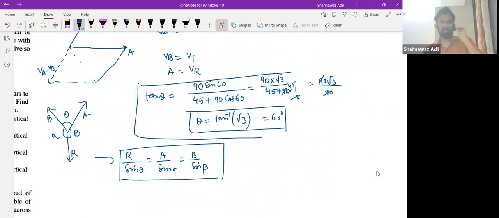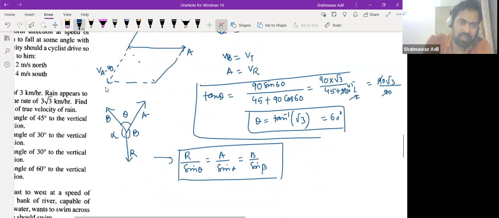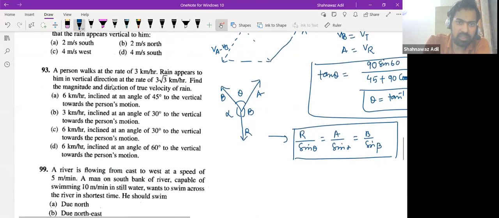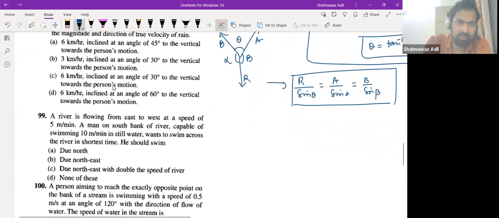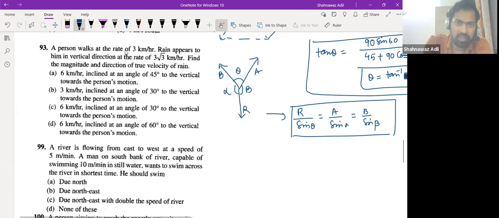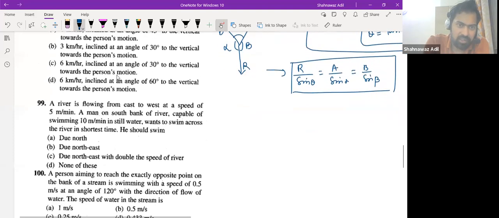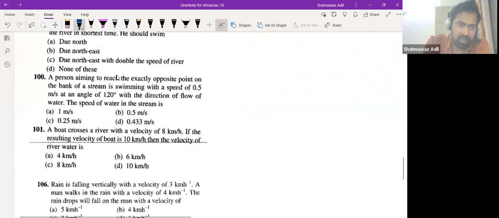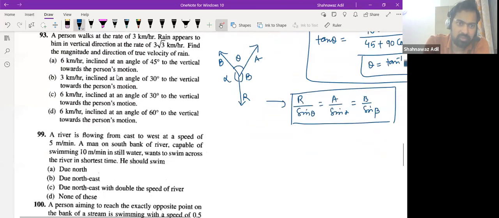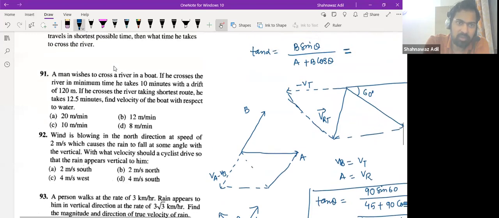So what we'll do is that because nobody is here, right, and these problems, river crossing, and then a person walks at the rate of, rain appears to be, find the magnitude and direction of the velocity. These questions, wind is blowing, a man wishes to cross.